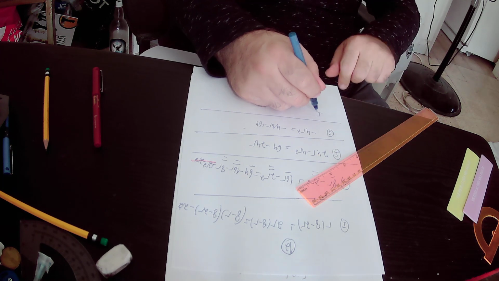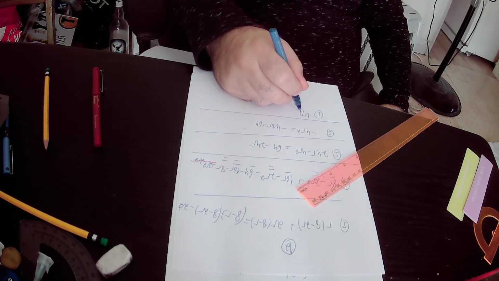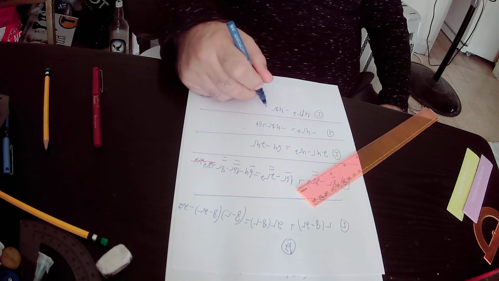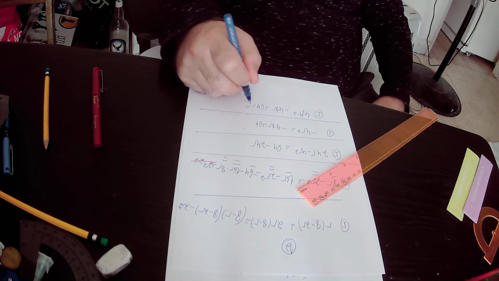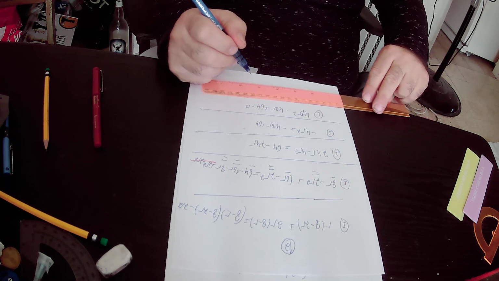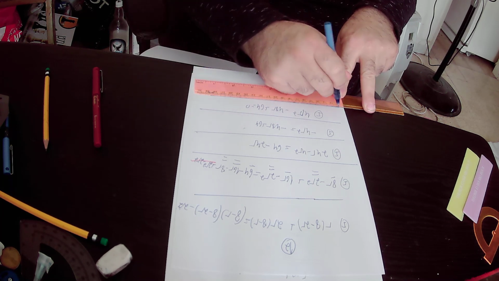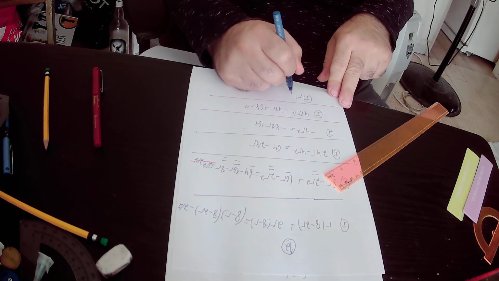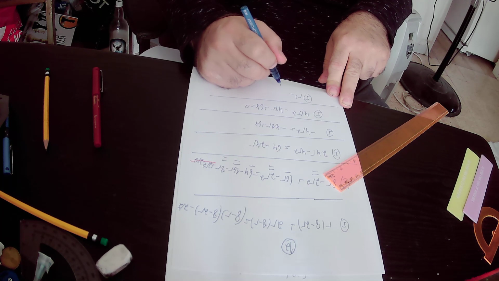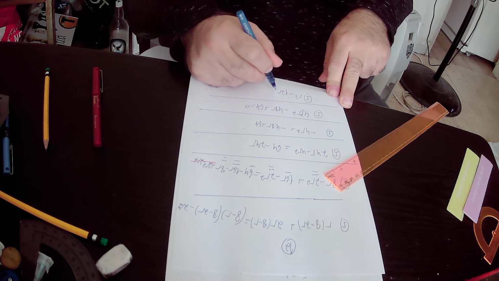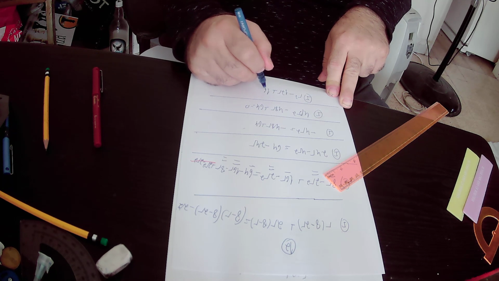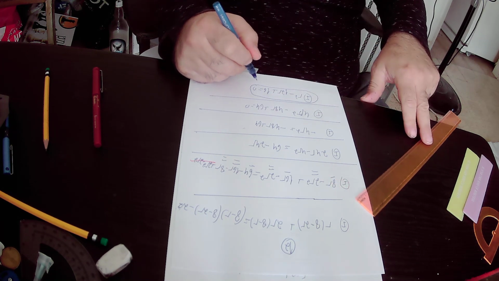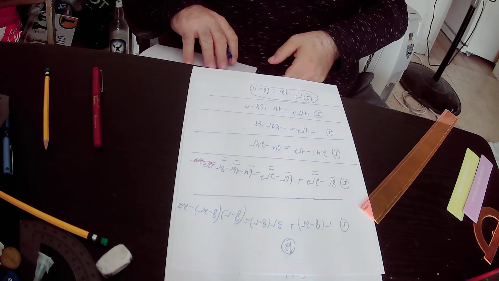We will get that 4r squared minus 48r plus 64 equals to 0. So here we have a quadratic equation. We will divide this quadratic equation by 4 and we will get that r squared minus 48 over 4 is minus 12r plus 64 over 4 is 16 equals to 0. So we have the quadratic equation that says that r squared minus 12r plus 16 equals to 0.